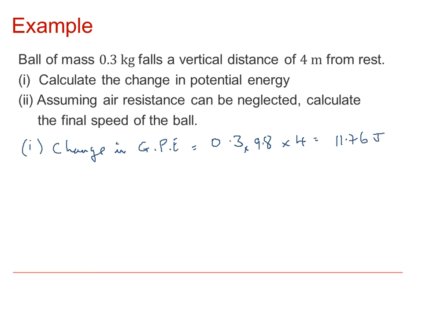Now instead of using the equations of motion to calculate the speed of the ball at the bottom, we can say that that potential energy is converted completely into kinetic energy, and therefore the kinetic energy, 1/2 mv squared, at the bottom must be equal to 11.76, and that gives us v squared is 78.4 and v is 8.85 meters per second.